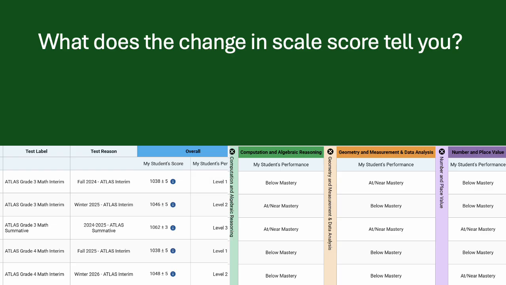And I want you to notice those scale scores. In each of the cases, the student is scoring, for example, 1,038 plus or minus 5, so 1,043. And this student is scoring at 1,046 plus or minus 5.